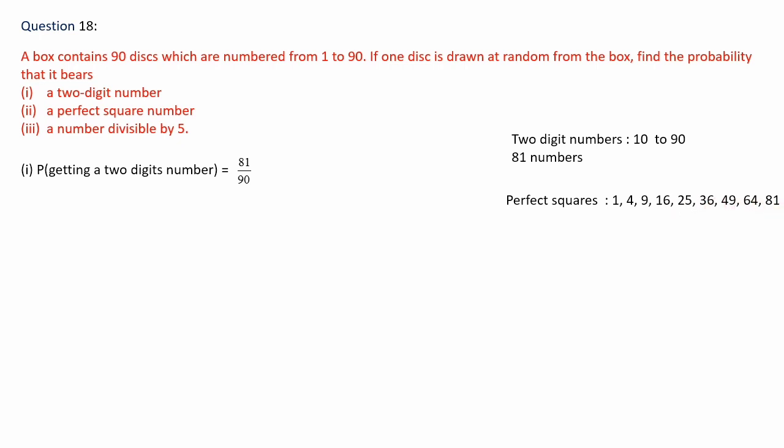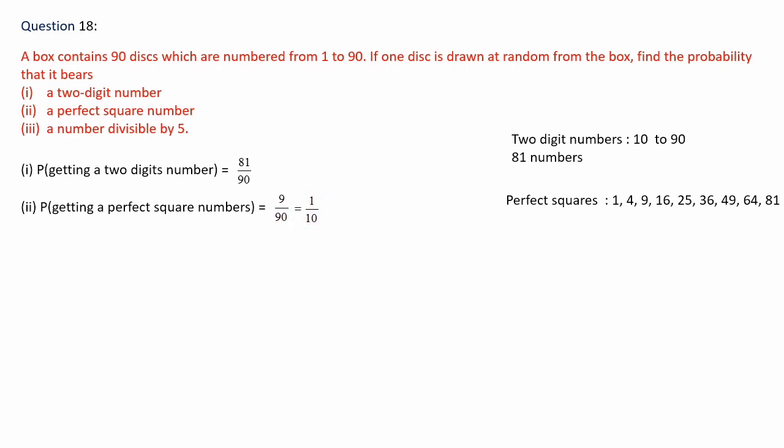Up to 90, the last square number is 81. So total 1, 2, 3, 4, 5, 6, 7, 8, 9. So the favorable outcome is 9 and the total outcome is 90. So the probability of getting a perfect square number is 9 divided by 90, that is 1 divided by 10.